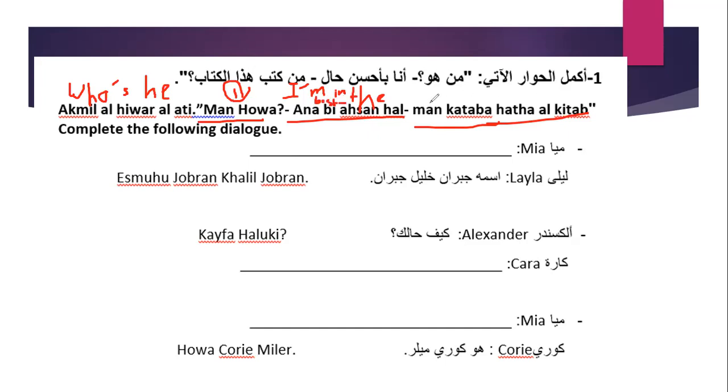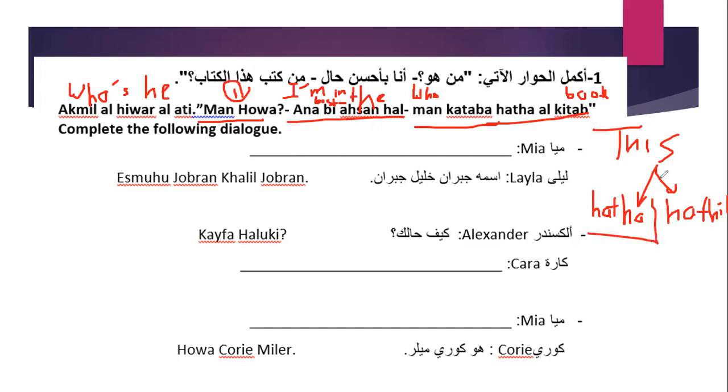Man kataba hadha al-kitab. Man is what? Who? Because we're asking about a person. What do you mean by kitab? Let's go to kitab. It's book. Hadha is what? This. We said always this means hadha or هذه, okay?